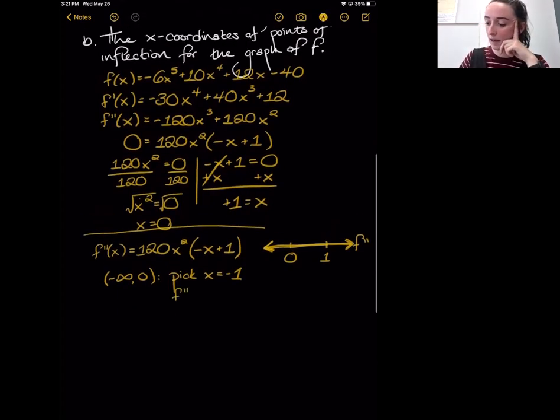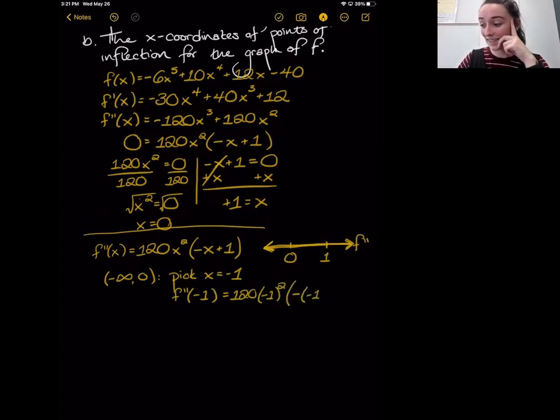So f double prime of negative 1 is 120 times negative 1 squared times negative 1 plus 1. Okay, so this is going to give me, well, 120. Let's see, negative 1 squared is positive 1. And then I've got minus a negative. I'll change that to plus a positive.